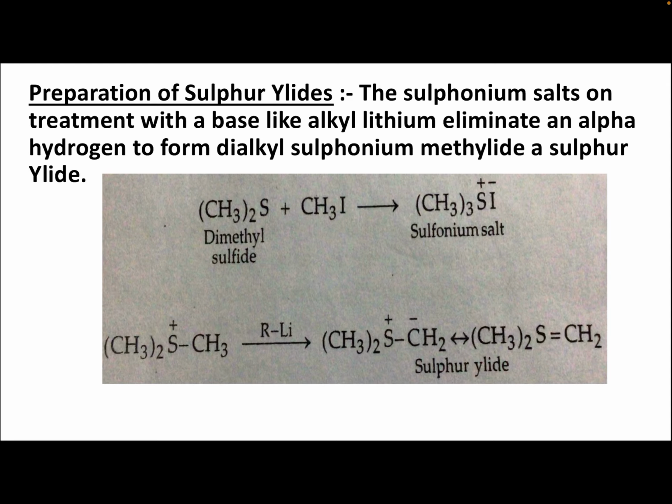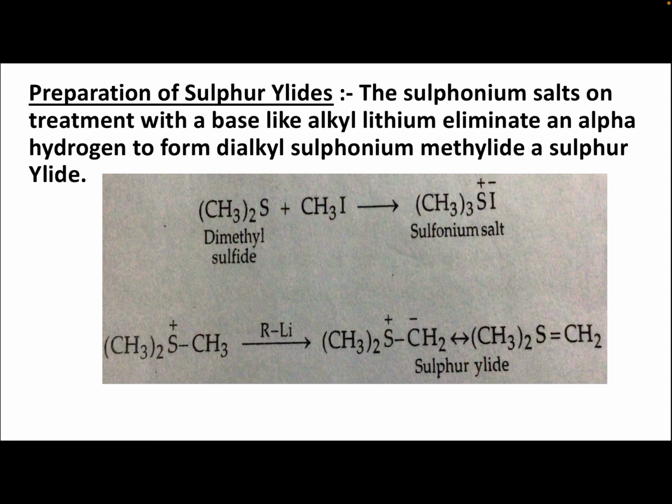Preparation of sulfur ylides. Sulfonium salts on treatment with a base like alkyl lithium eliminate an alpha hydrogen to form dialkyl sulfonium methylide, a sulfur ylide. So dimethyl sulfide, CH3 taken twice, S, in the presence of CH3I, methyl iodide, we are getting a sulfonium salt.